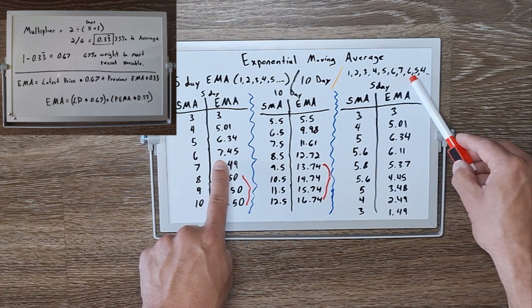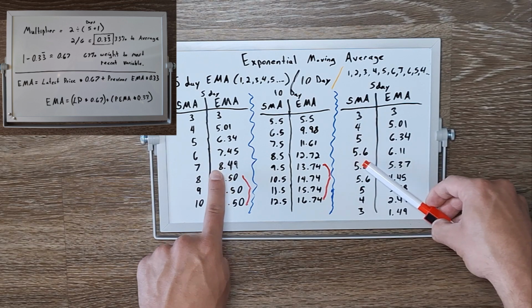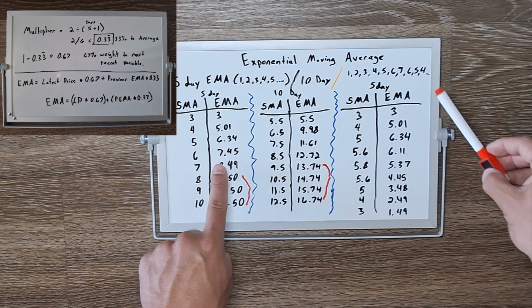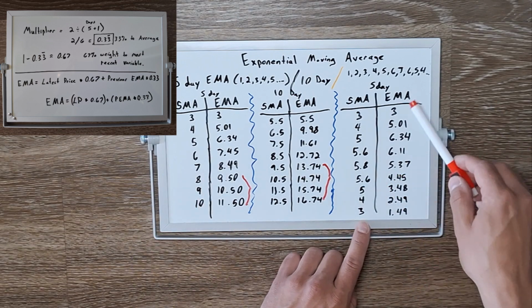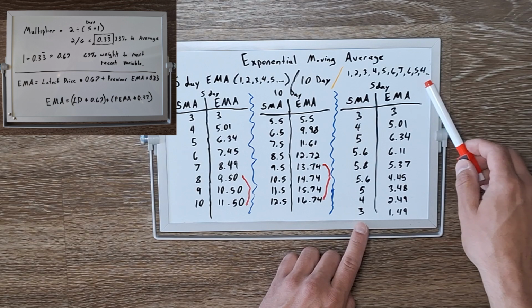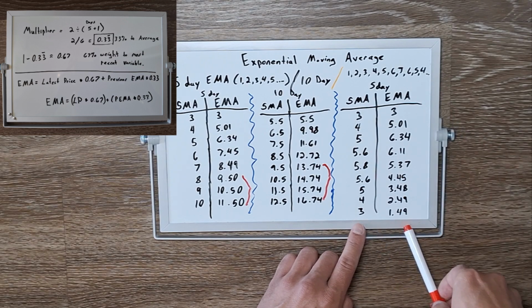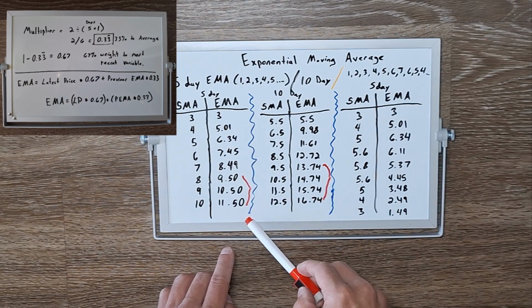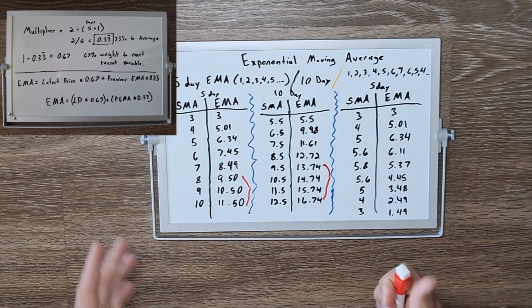This number starts going down, so we're putting more weight on that 6. So 6.11 versus 5.6. So the simple moving average is going down as well because the numbers are also changing down. And notice how the exponential moving average, since it puts more weight on the latest variable, goes down at a faster pace as well as up at a faster pace.